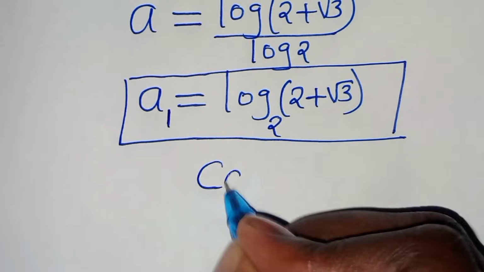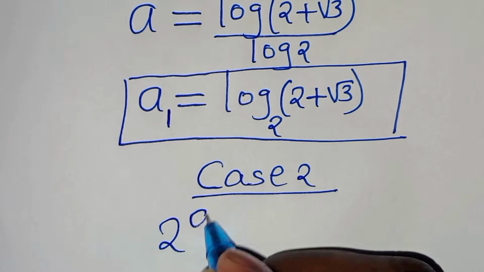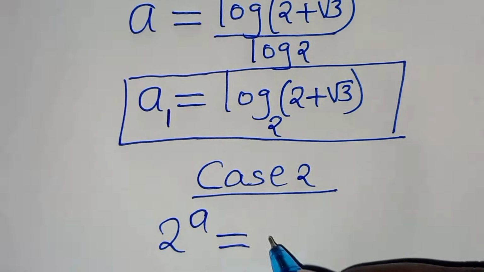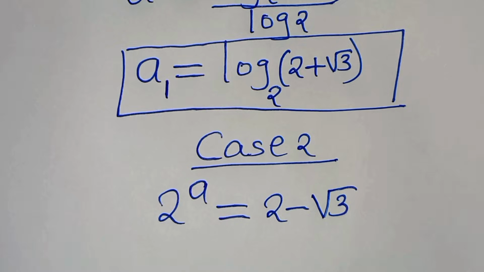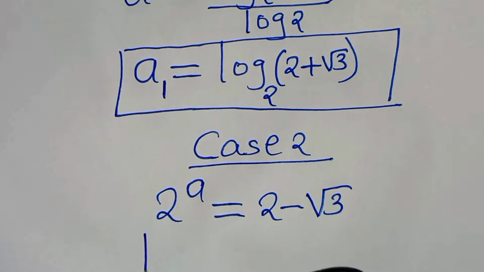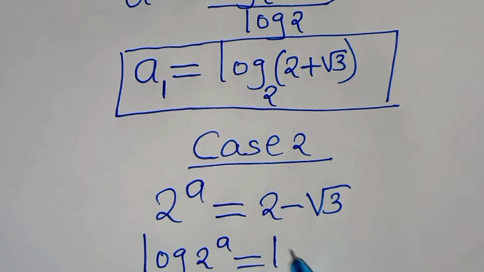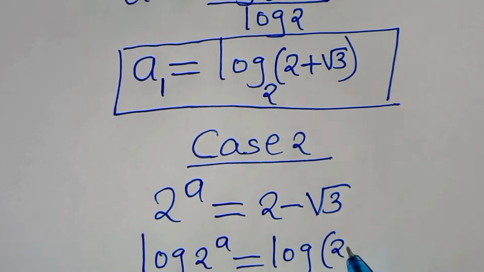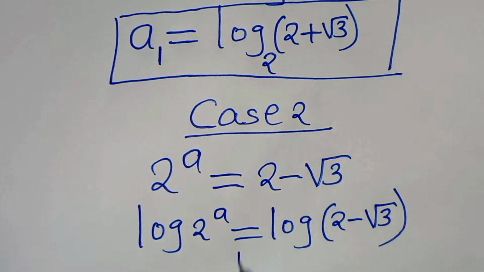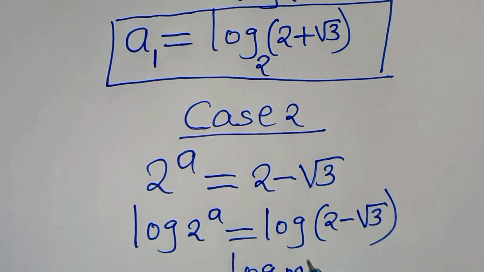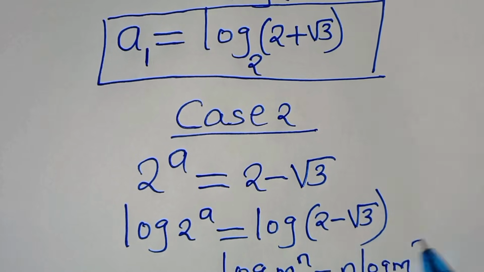Now in case 2, we have 2 to the power of a equal to 2 minus square root of 3. So let's introduce logarithm on both sides. We have log 2 to the power of a, equal to log of 2 minus square root of 3. So this is in the form of log m to the power of n, which can be expressed as n log m.